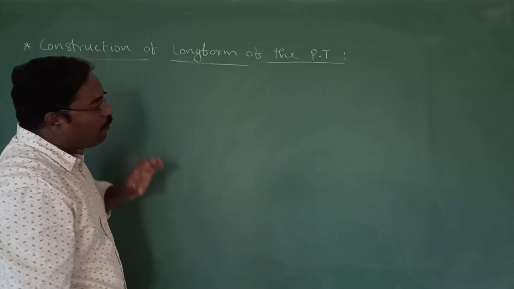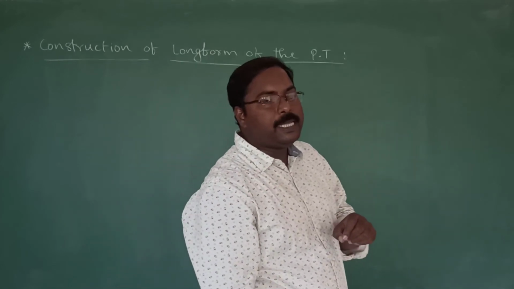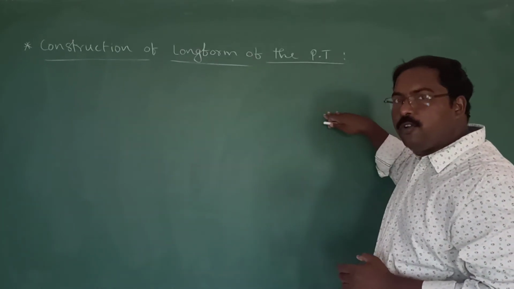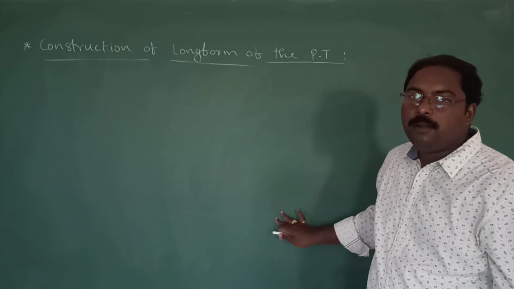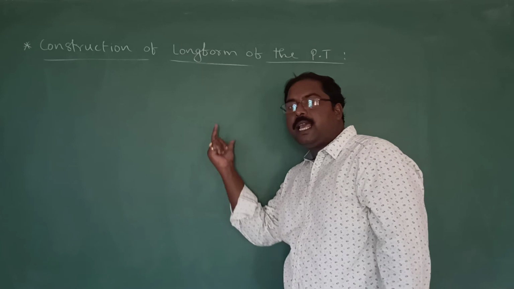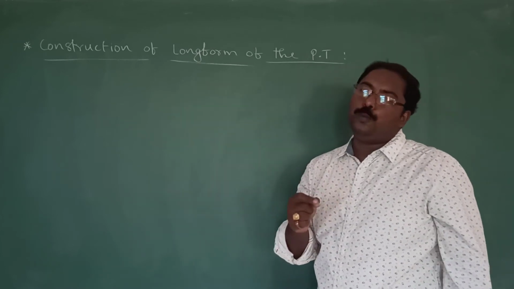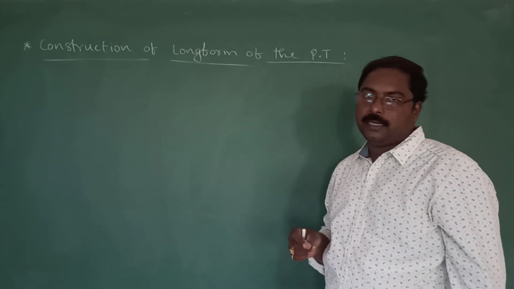Now, yesterday also we discussed, a periodic table will contain horizontal rows as well as vertical columns. The vertical columns are known as groups. The horizontal rows are known as periods.